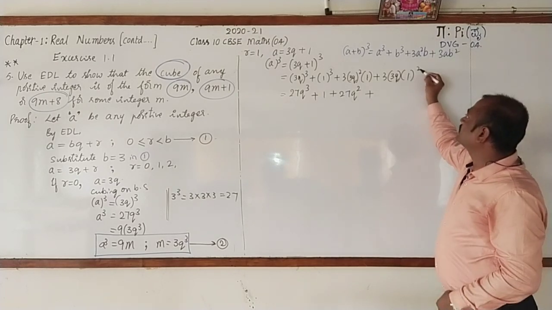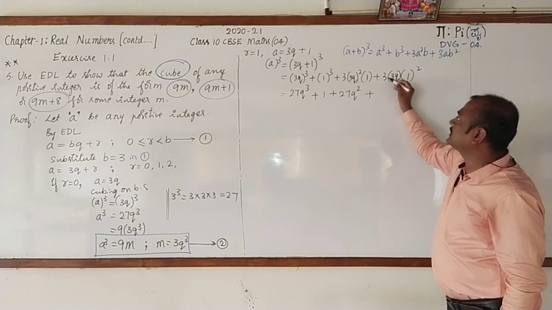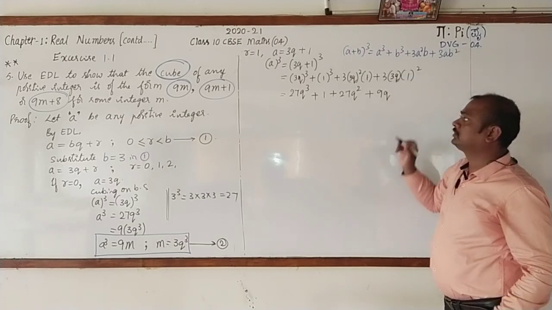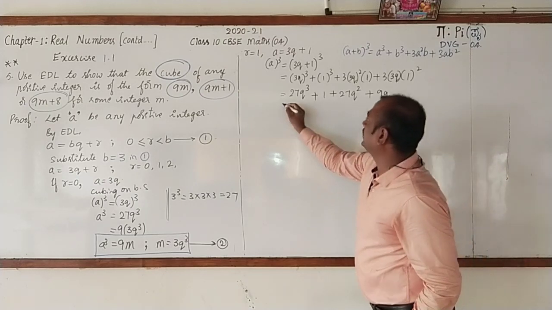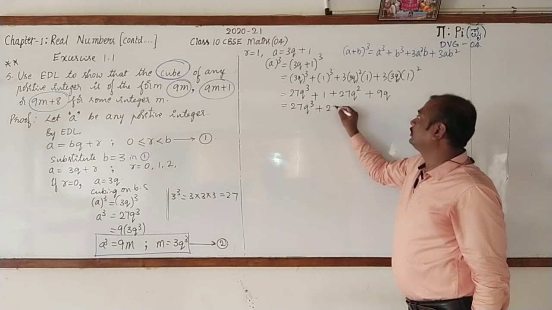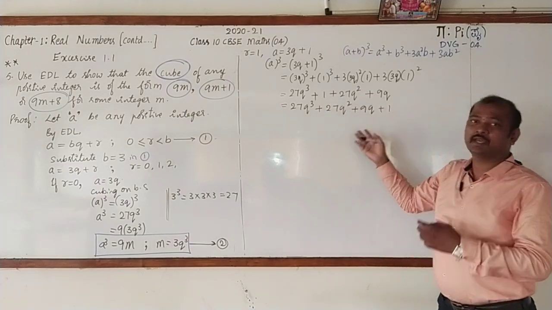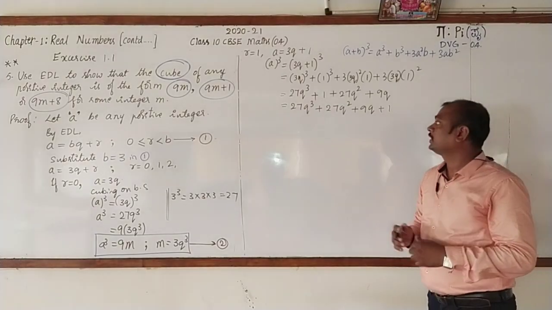Plus here 1 square is 1, 1 threes are 3, 3 threes are 9, so 9q. It can be rewritten as 27 q raised to the power 3 plus 27 q square plus 9q plus 1. I have just written it in standard form.